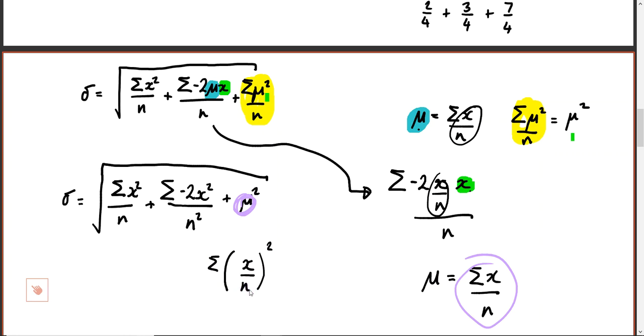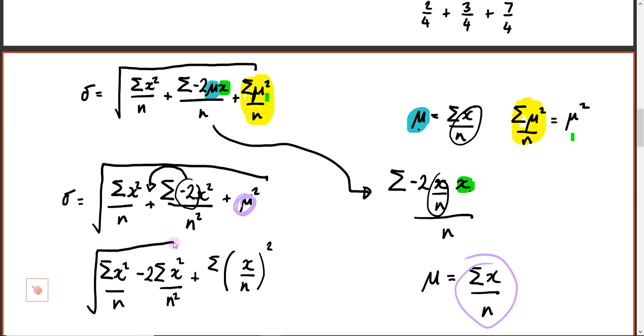And I've still got, this time, something you'll just have to accept: if I've got -2 times it, I can actually put this outside the sigma. So I've got -2 lots of the sigma x squared over n squared, plus I've done that one, and I've still got my sigma x squared over n, all still square rooted.